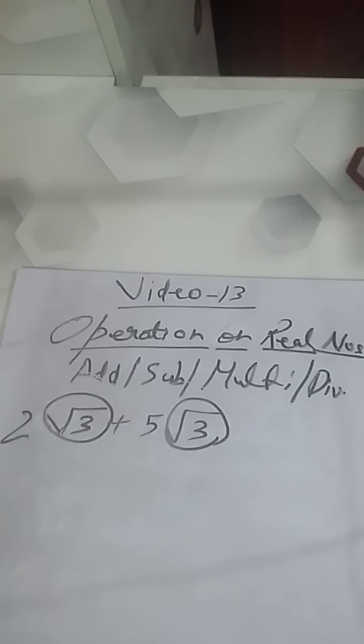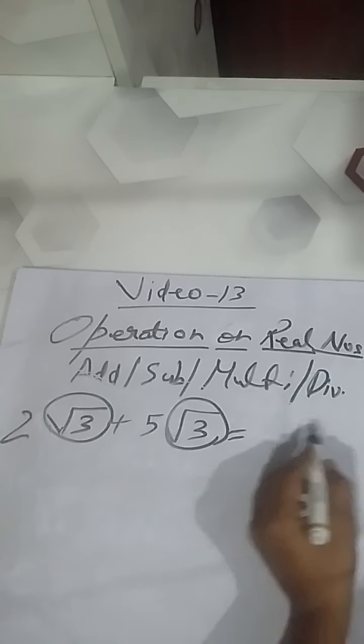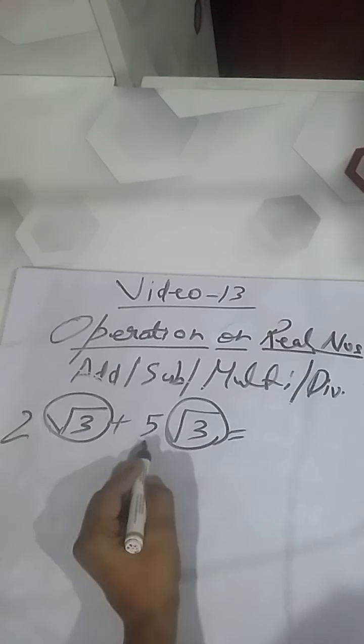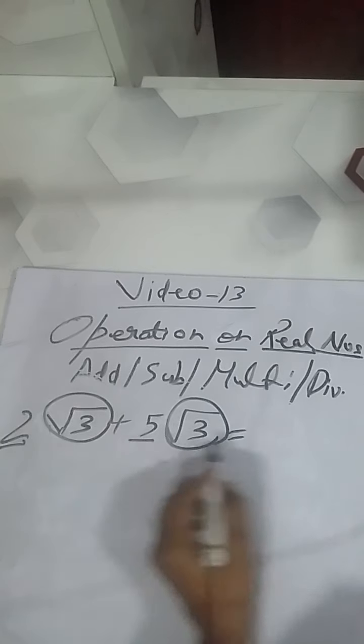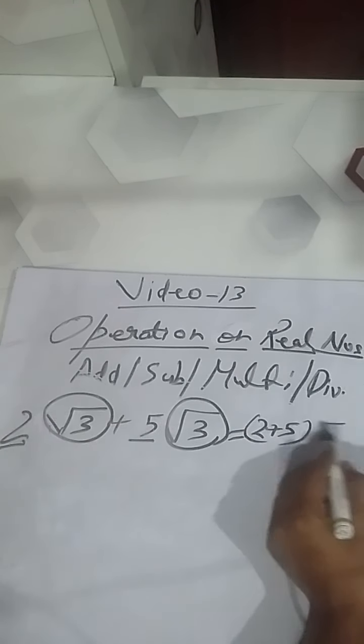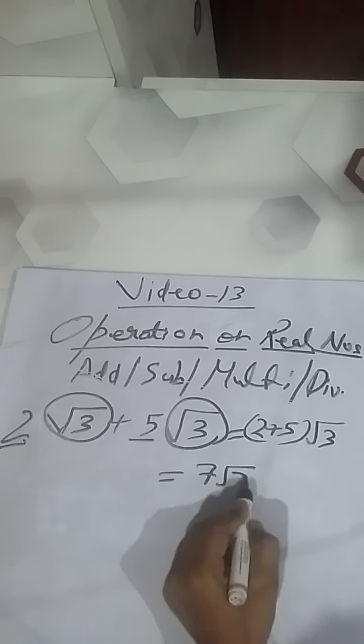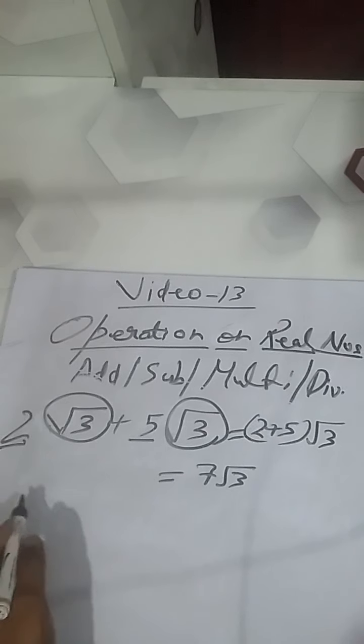This is same. So according to the rule, we can add this. So your answer will be, this will be what? Add these two things, means 2 plus 5, and write this surd only once. This will be 7 root 3.